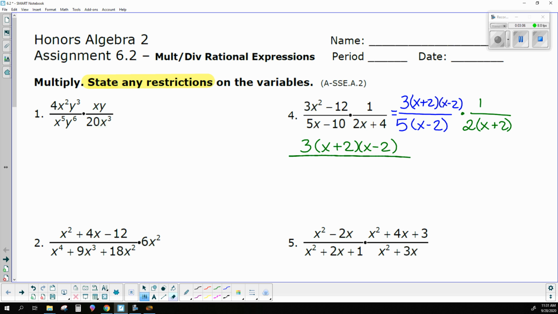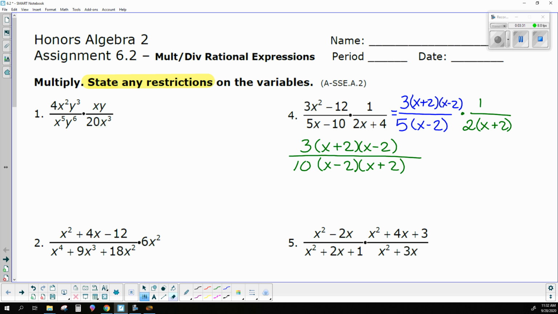And then when we multiply the denominators, I don't want to refoil anything. I only want to combine things that easily combine. In this case, the 5 and the 2 can become a 10. Anything in quantity form, I want to remain in quantity form. It makes it easier to identify what reduces.